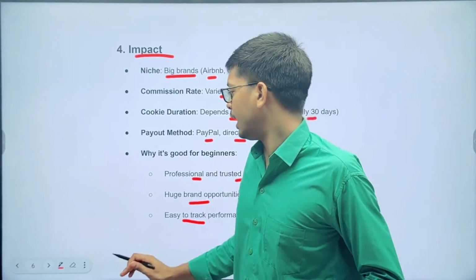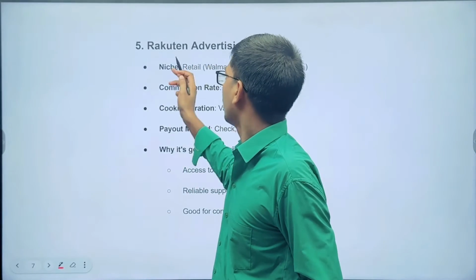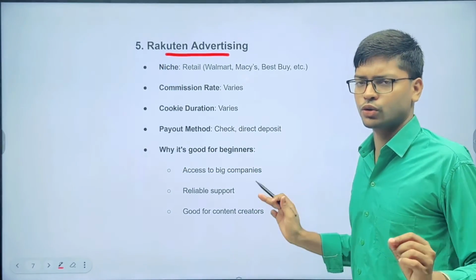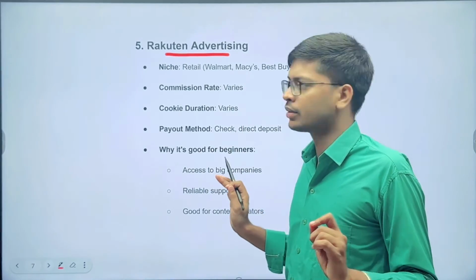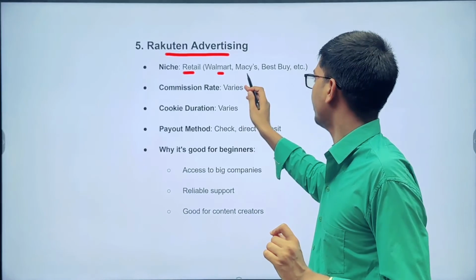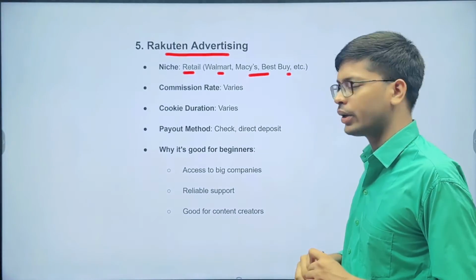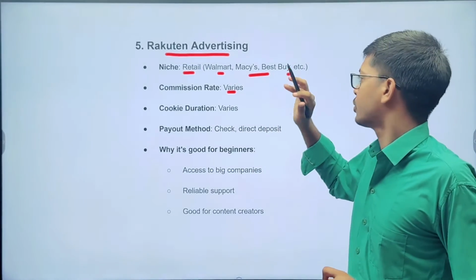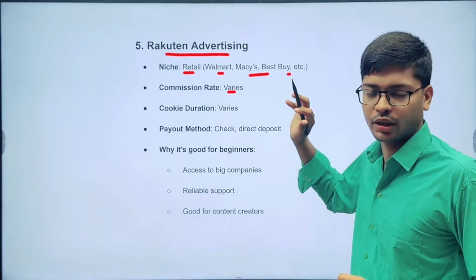Next platform is Rakuten Advertising. It is also a famous platform, and it has retailers like Walmart, Macy's, Best Buy. Commission rate varies depending on services or retail products.